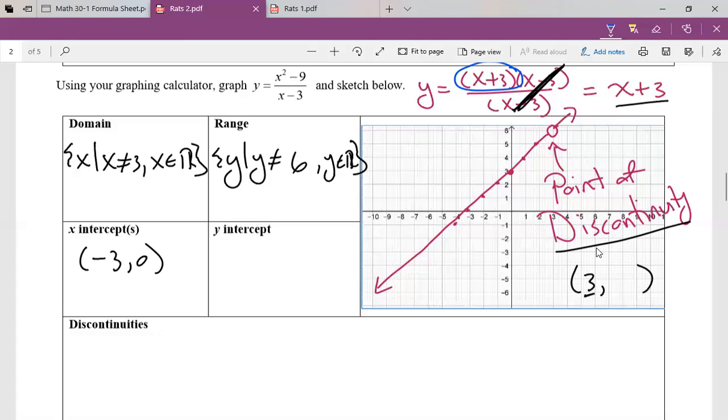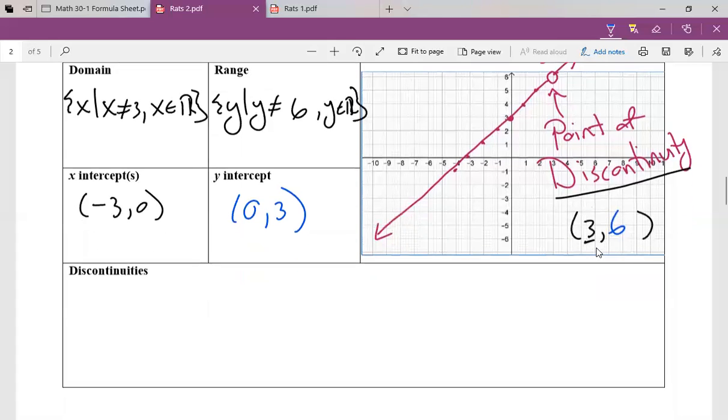Well, again, I'm going to let x equal 0. I can tell it's at 3. There it is. So in this question, my friends, what we just found out is we have a point of discontinuity at 3 comma 6. So again, just an abbreviation, don't write it on a test. We have a point of discontinuity at 3 comma 6.